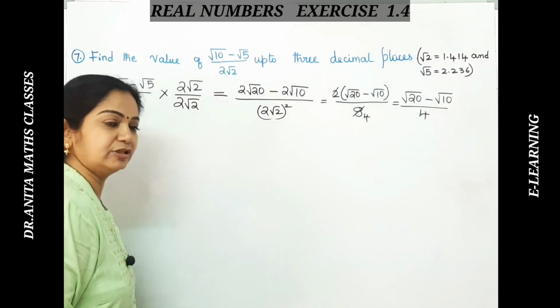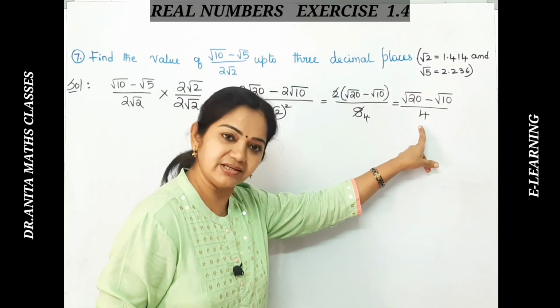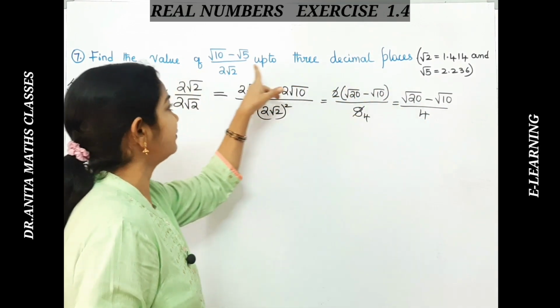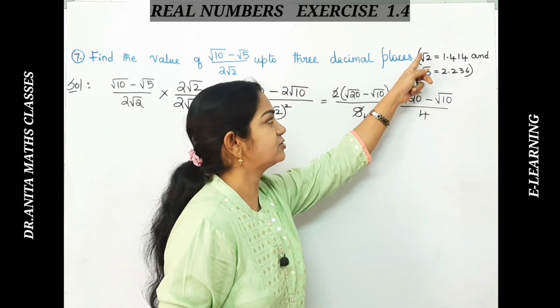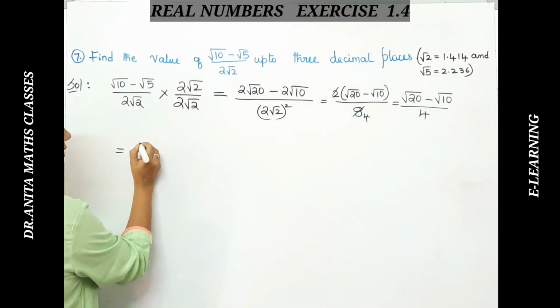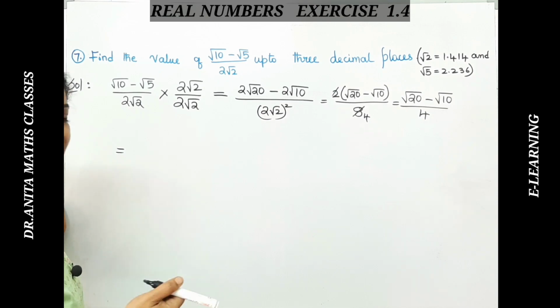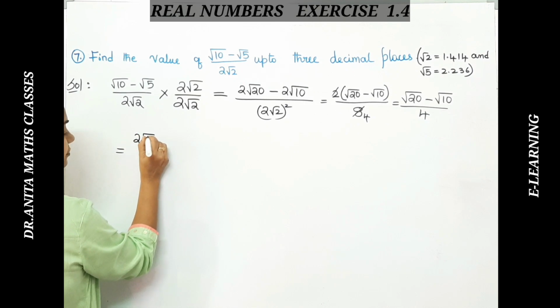Now we have to find the value of this. We have rationalized the denominator, so it has become a rational number denominator. But we have to find the value up to 3 decimal places. And we know the values of root 2 and root 5, so we will substitute there. Root 20, I can write as 4 into 5, where root 4 is a perfect square, so it comes out as 2 root 5.